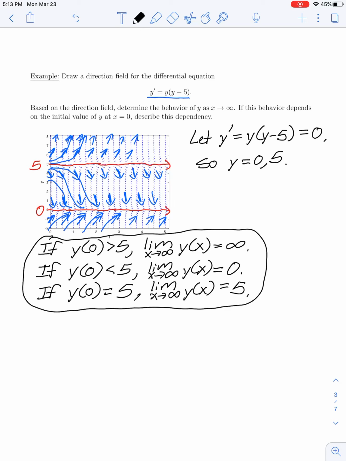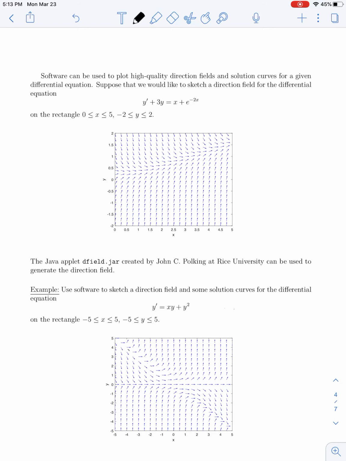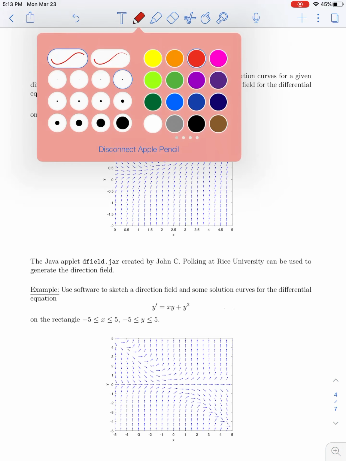Now, in the next couple of examples, we'll consider some differential equations which are not so easy to obtain direction fields for without making use of software. So not so easy to sketch by hand here.